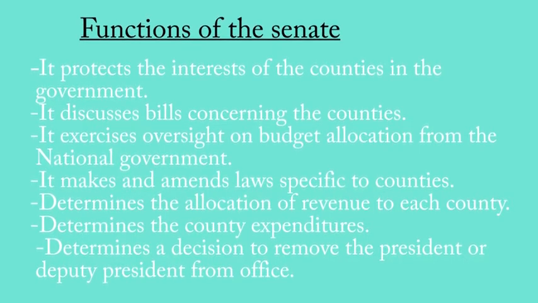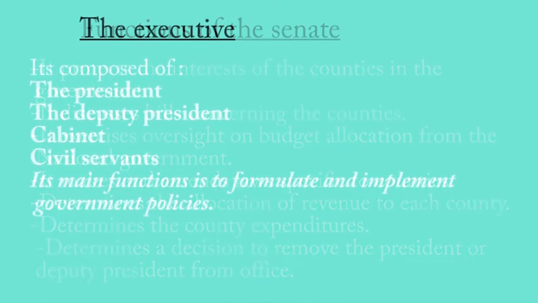Then it determines a decision to remove the president or deputy from office. That is the work of the Senate. They are among the people who determine the decision to remove the sitting president or the deputy president from office. Let us find out.